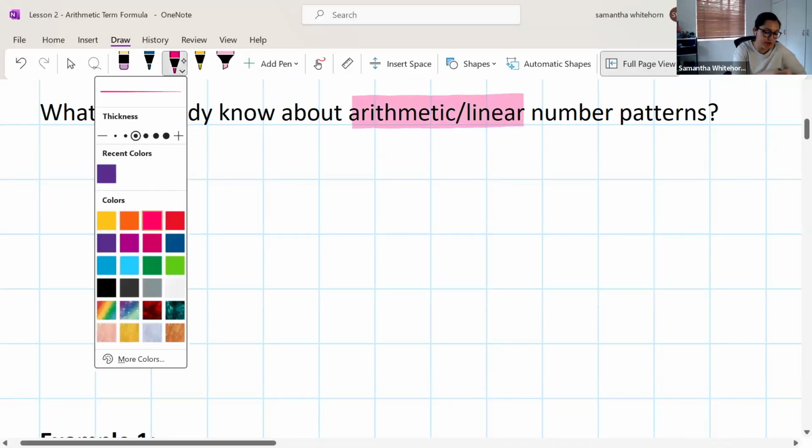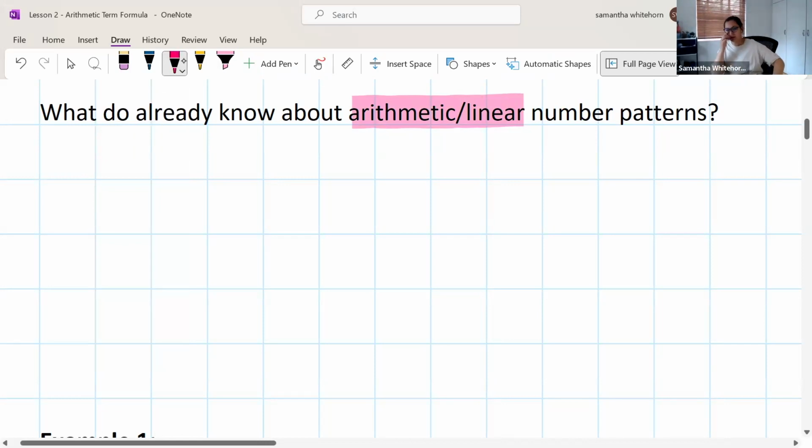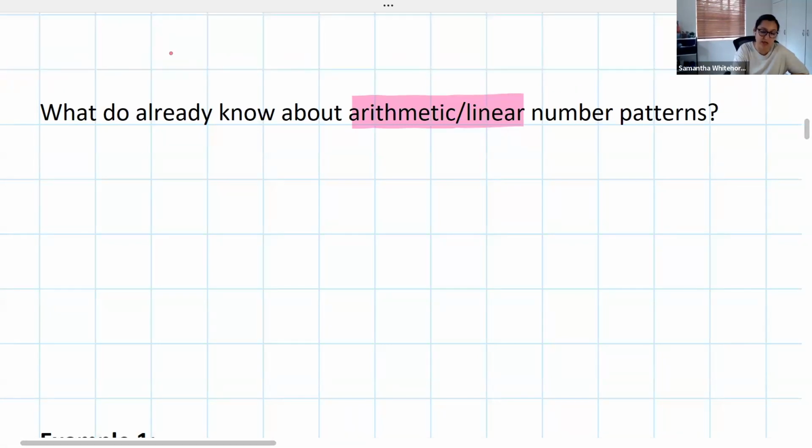And again, feel free to just unmute, absolutely fine, or you can type it in the chat. How do we identify what a linear pattern is? How do I know a pattern's linear? Another way to think about the question is, what makes a linear pattern unique? What is its defining characteristic?